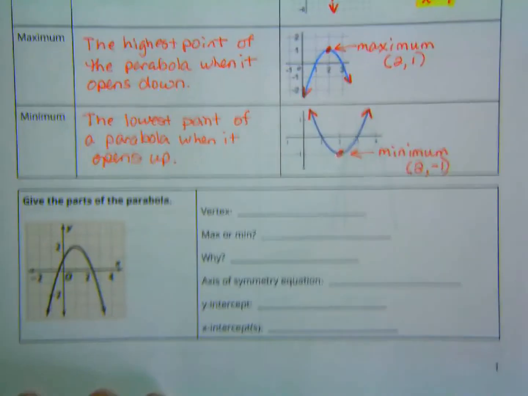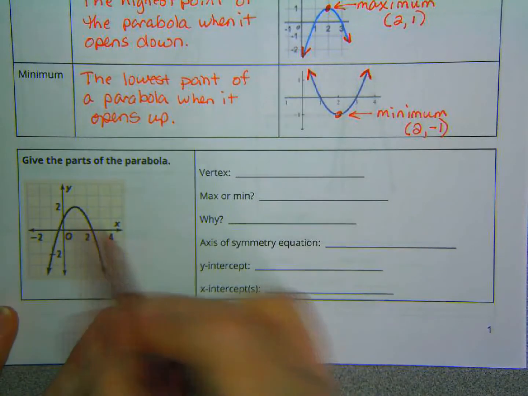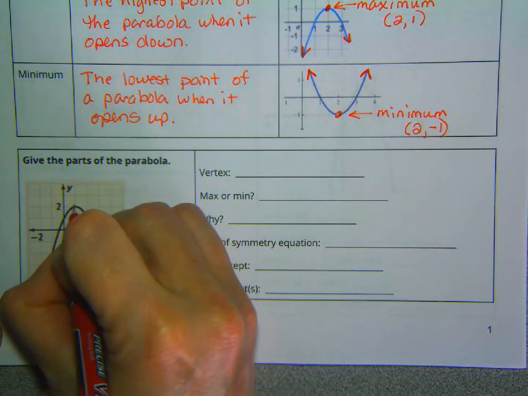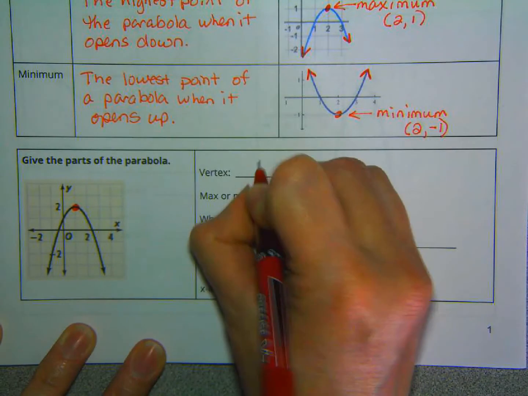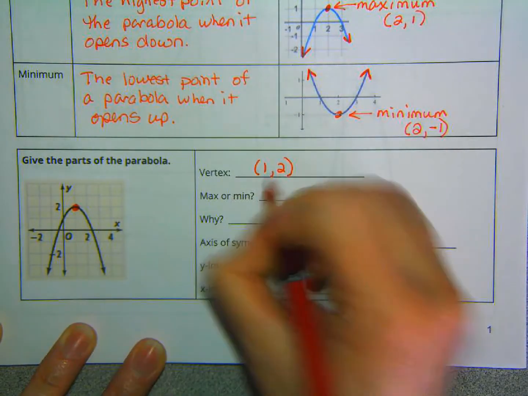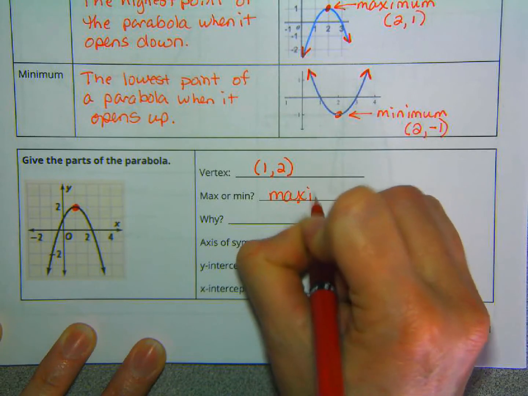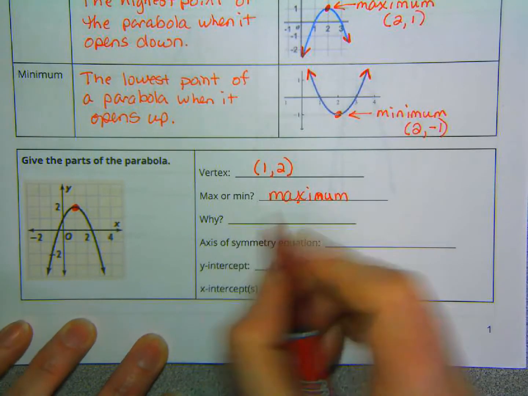And just to give you an example of the kinds of things you're going to be doing in your homework for today, for this picture right here, you need to give the vertex. The vertex is right here, and that is over 1 and up 2, so the ordered pair (1, 2). This point is a maximum. And why is it a maximum?